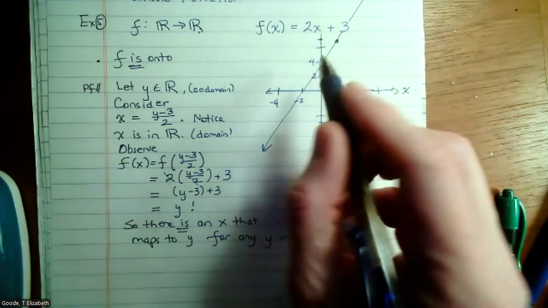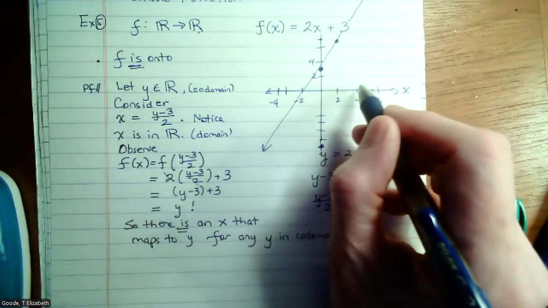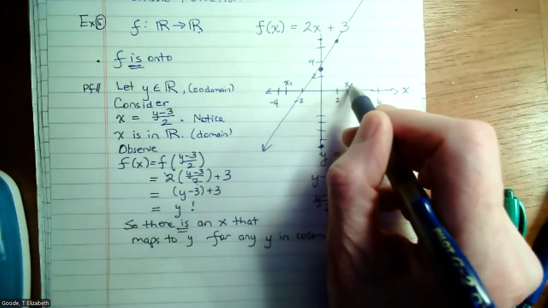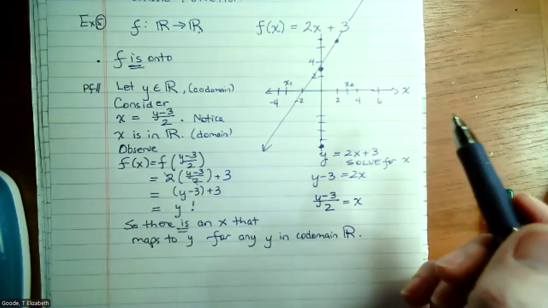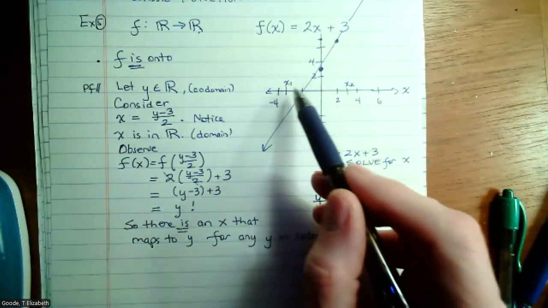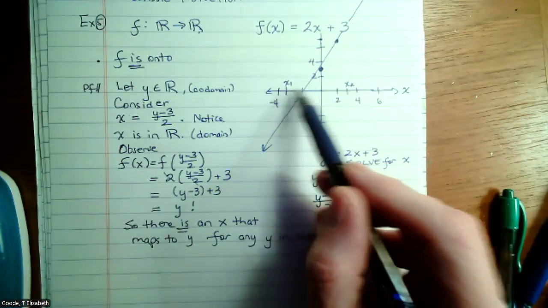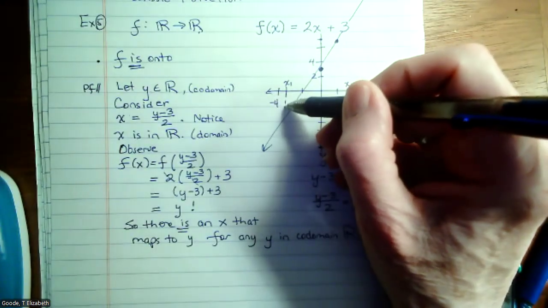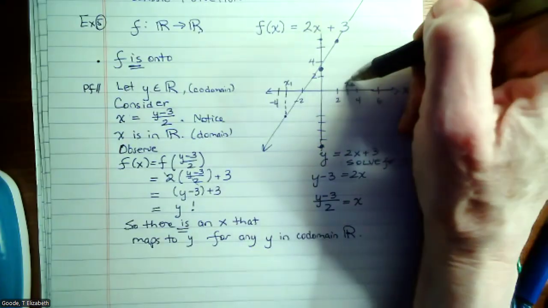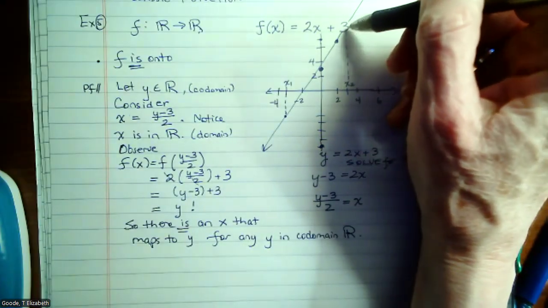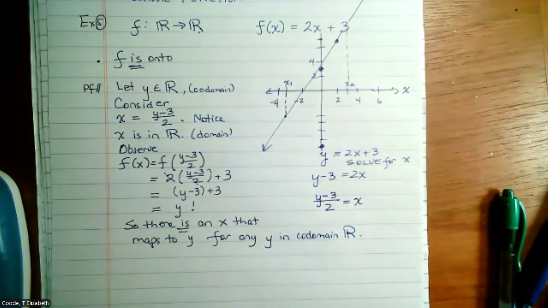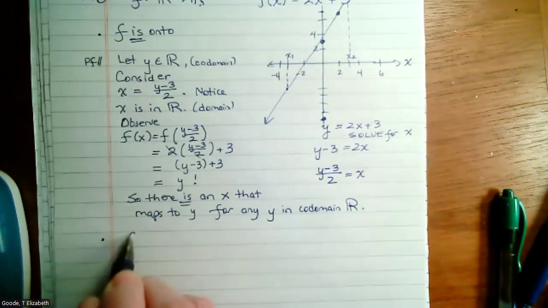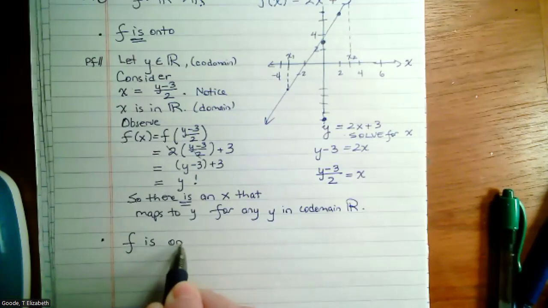If you pick any two different x values like x1 here and x2 there, or they could even be much closer together, but whenever you pick two different domain values, they map to different codomain values. They'll never map to the same thing. So the claim is f is 1-to-1.